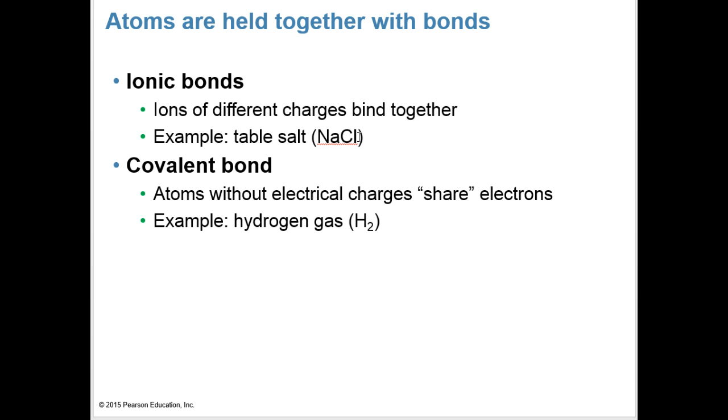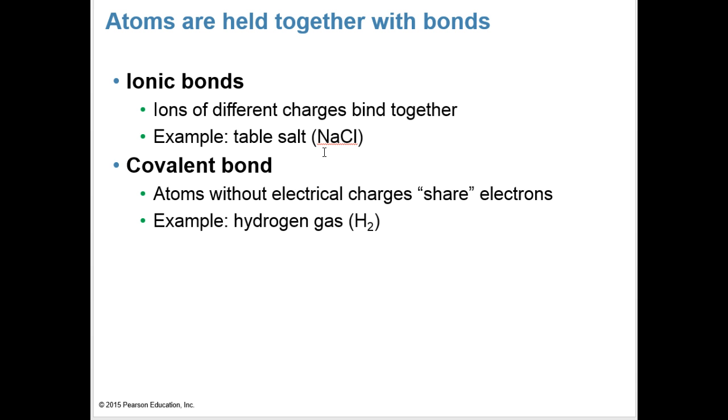By gaining sodium's 1 extra electron, chlorine now seems happy because it's got 8 in its outer energy level, and sodium, because it gave up the extra electron in its last level, now has a new last level, its second level, which has 8. So both of these atoms are now happy.